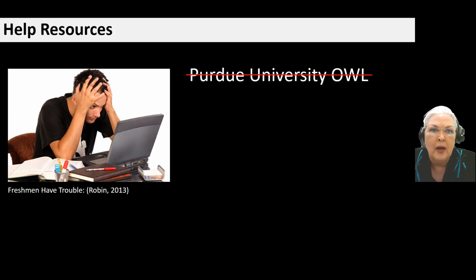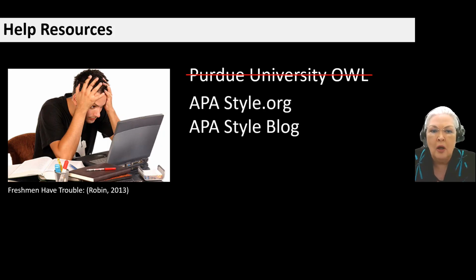So instead of Purdue OWL, this is what we would suggest. If you have multiple authors or any other kind of issue, and you do a search in your browser, put apastyle.org and then whatever your issue is, or APA Style blog.